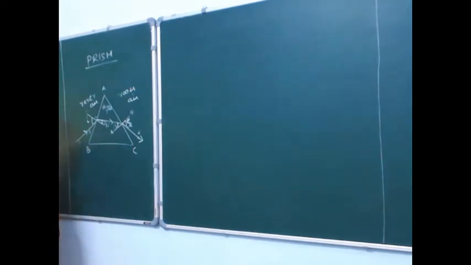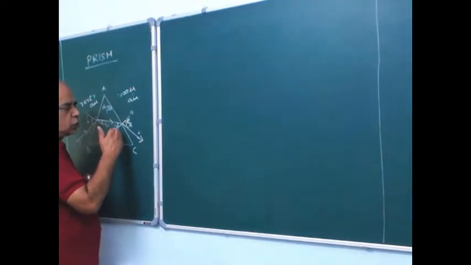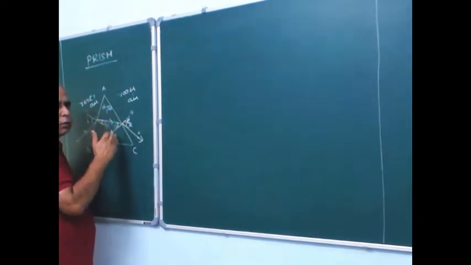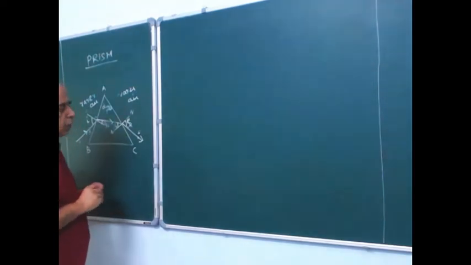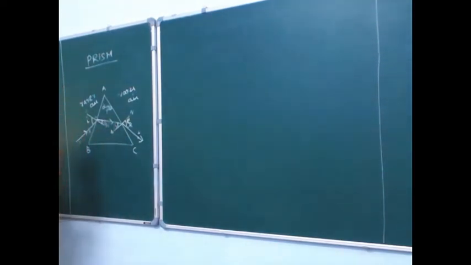Here the refraction takes place from rarer to denser, and the second refraction takes place from denser to rarer. But by our convention, we always take rarer to denser. So this is taken as R2.